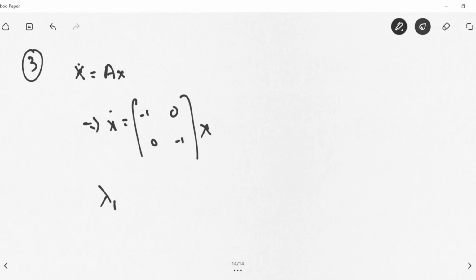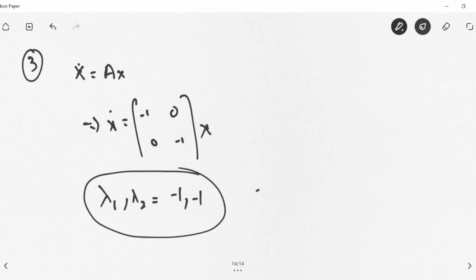And lambda 1, lambda 2 for this case, this is (lambda plus 1) squared, so that's actually minus 1, minus 1. So you have a system which is having a stable equilibrium point. This is not marginally stable, this is not unstable, this is a stable equilibrium point. So we have a dynamic model of a nonlinear system whose equilibrium point is stable in nature.